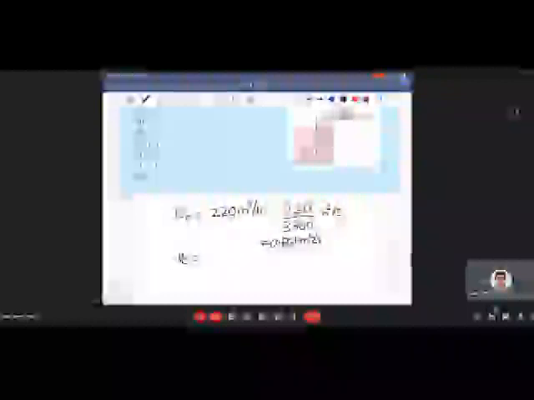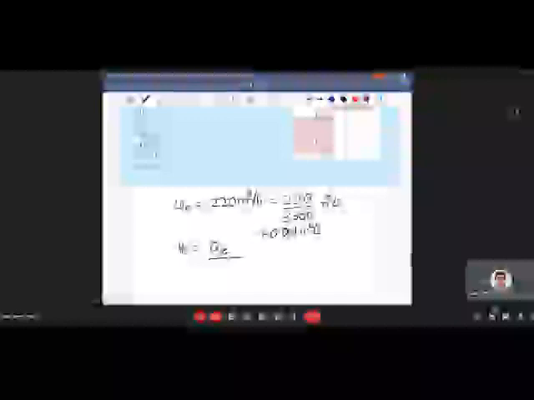Therefore, we can find the velocity at the exit to be equal to the flow rate at the exit divided by the cross-sectional area, that's given by pi by 4 D square. And as given in the question, this is capital D as shown here.